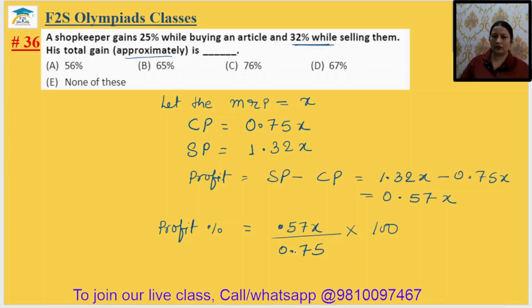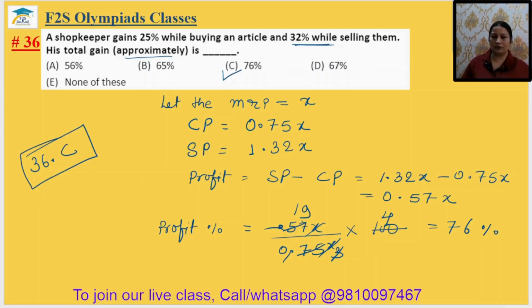So after simplifying it, remove the 2 decimal. 25 3s are 75, 25 4s are 100, x will be cancelled out, 76%. It means he gained the profit percentage of 76%. 36th answer is option C. Okay.